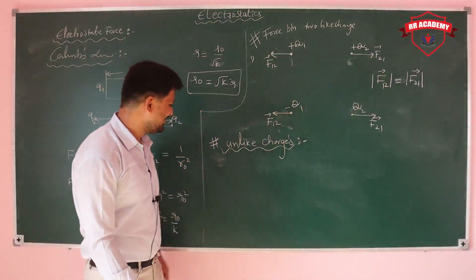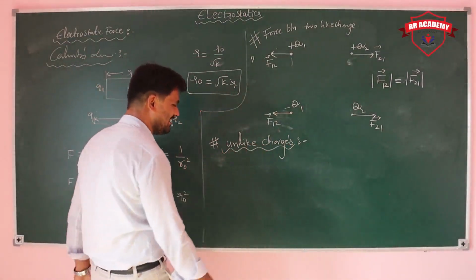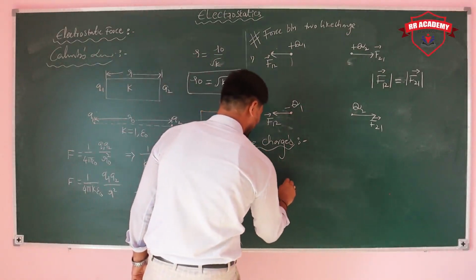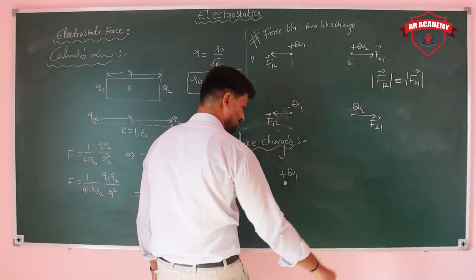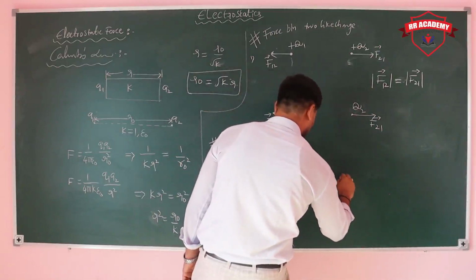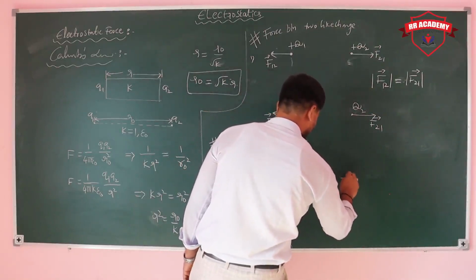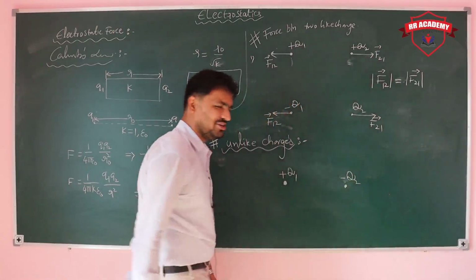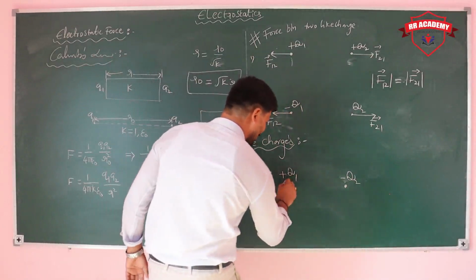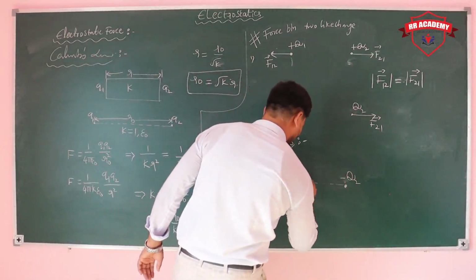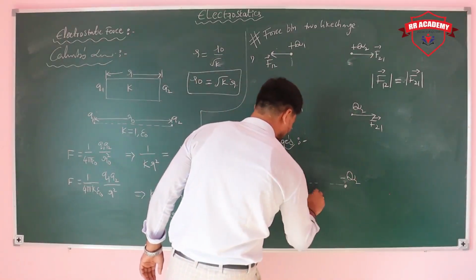So here, taking one positive charge Q1 and another negative charge Q2, separated by some distance, what happens? Q1 attracts Q2, and Q2 attracts Q1.